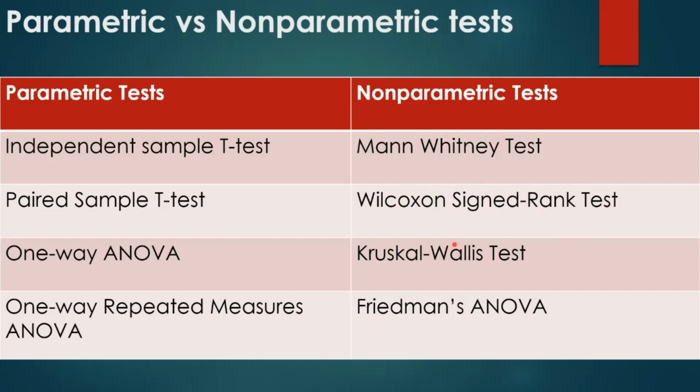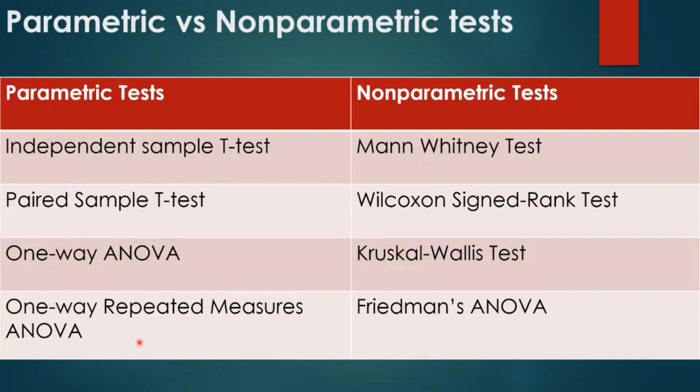Then Kruskal-Wallis for non-parametric analysis: if you have more than one group, you use Kruskal-Wallis to test differences between the groups. Then if they are repeated groups, you can use Friedman's for more than two. Remember, Wilcoxon is for two. Friedman is for two or more. The paired t-test is for two.